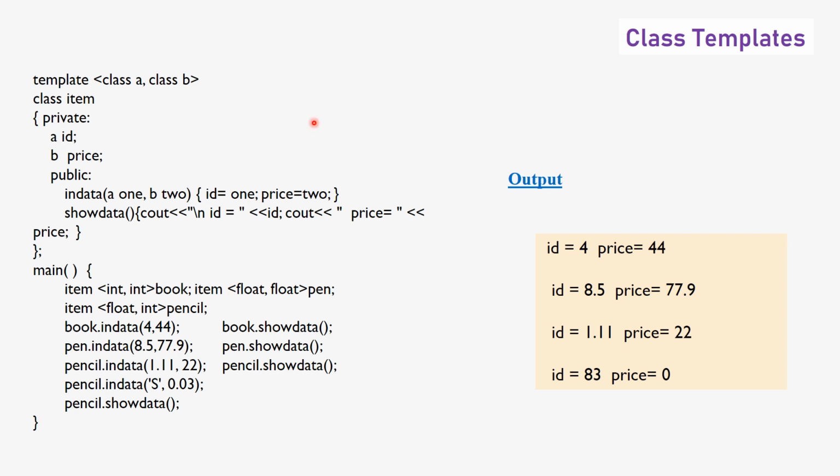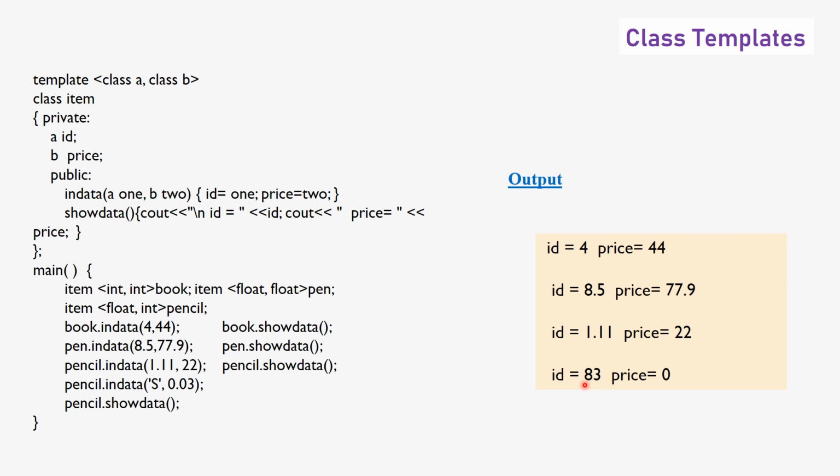So we have the same program here with two additional statements. Again we are using the same two templates here. Now for the pencil object we are passing character as the first argument and float value as the second argument, and as you can see in the result, instead of the character value we are getting 83.